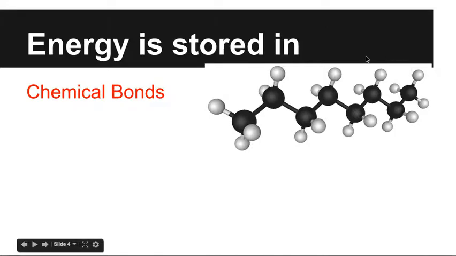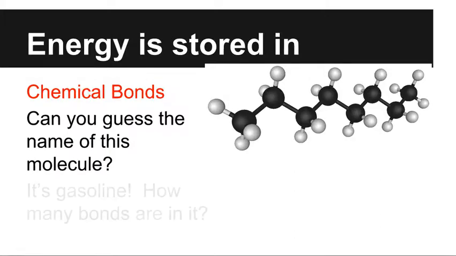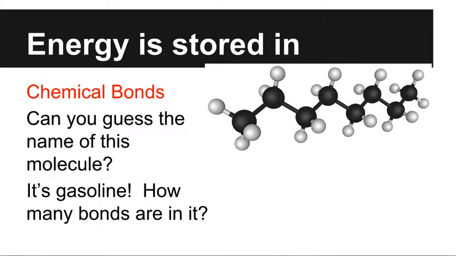Here's another molecule. This is a long carbon chain. Any guesses as to what the name of this molecule is? There's actually 8 carbon atoms. You might call this octane because it has 8 carbon atoms and hydrogen atoms. So it's gasoline. Can you count how many bonds are in it? Go through and count.